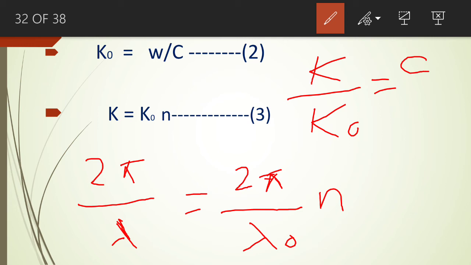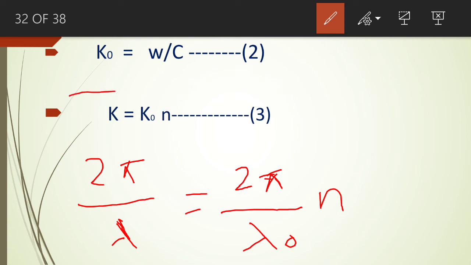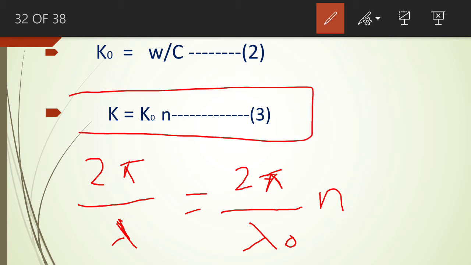So we have c by v. If we put the value of v over here, we know that v is equal to c by n. So if I put the value of v in this equation, we get the value of k, and the value of k will be equal to k naught multiplied by n.